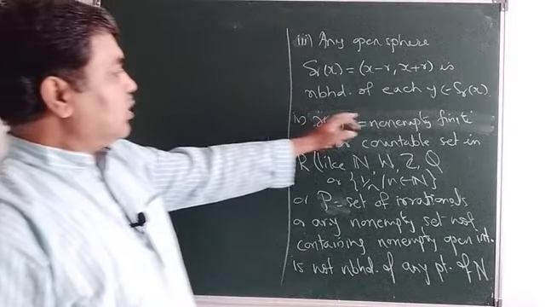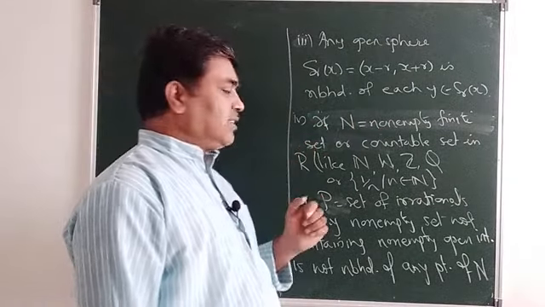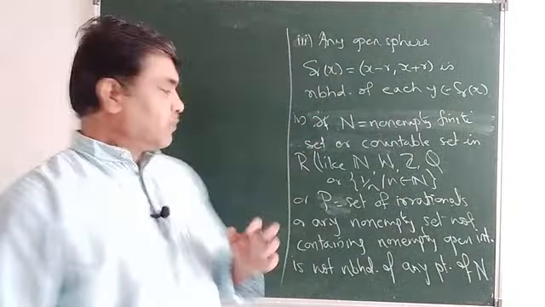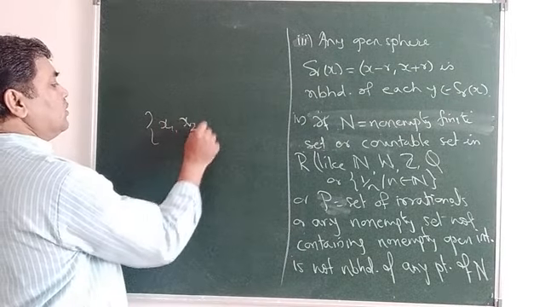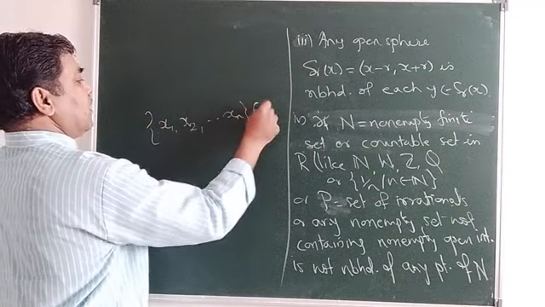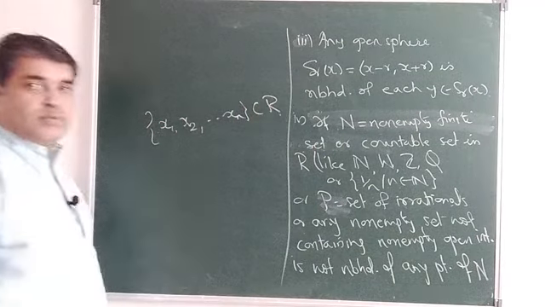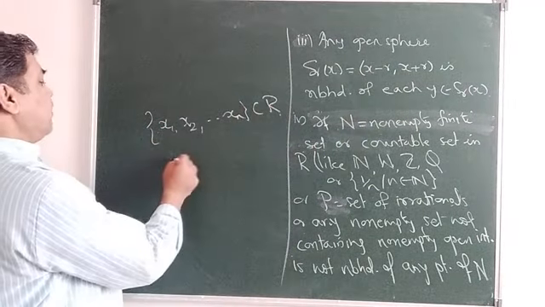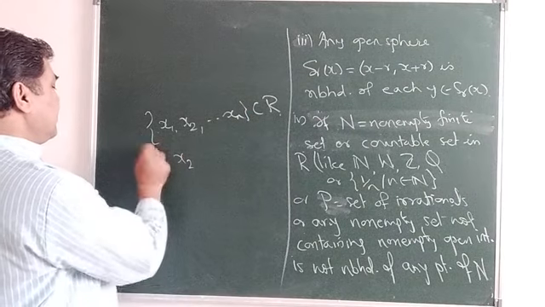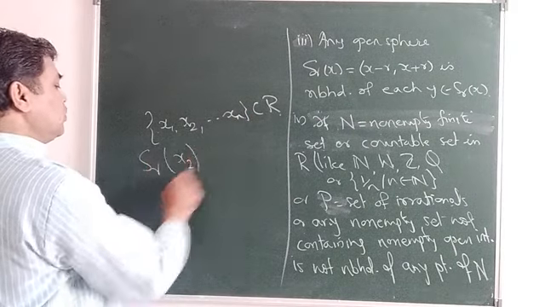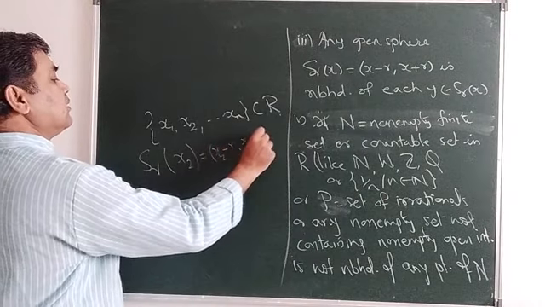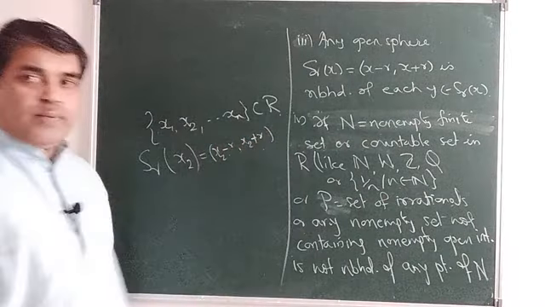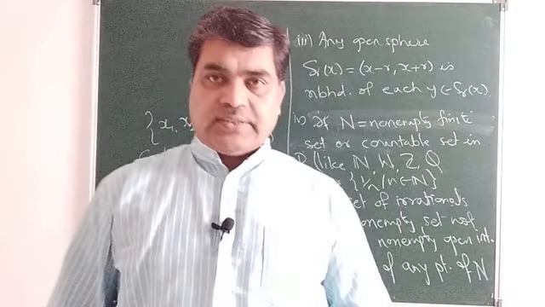If N is a finite set, say x1, x2 up to xn as a subset of R, then for this x2, if I take an open sphere about x2, which becomes x2 minus r to x2 plus r, that interval is an uncountable set.